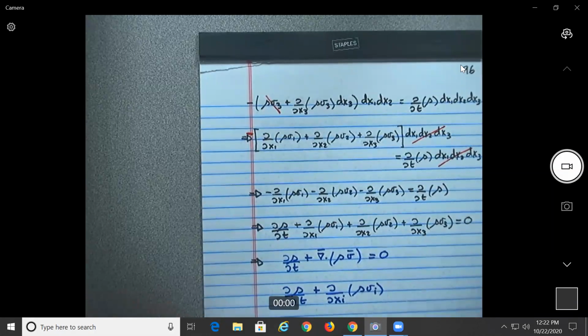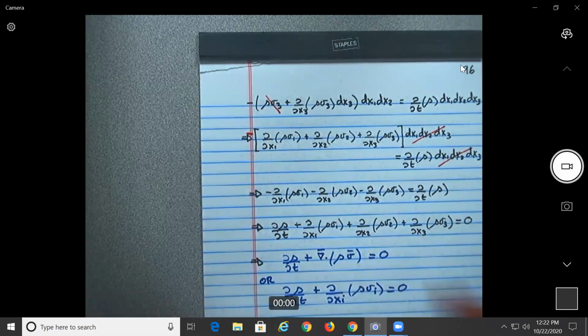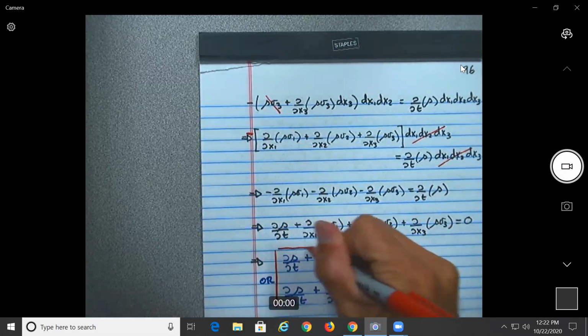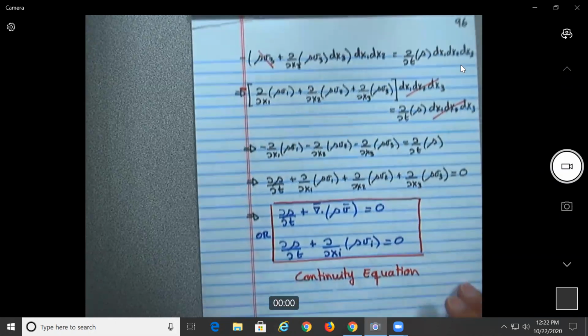I'm not even going to write it down. So either this one or this one, in index notation. And this is what is known as the continuity equation.